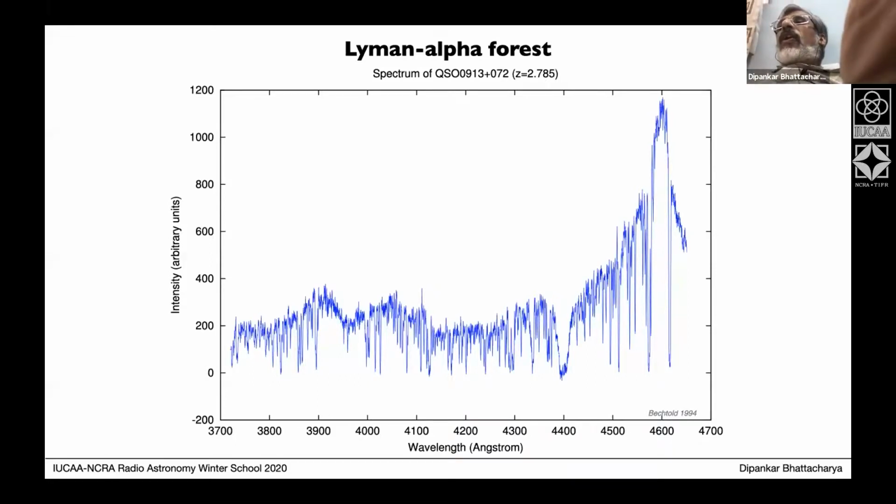So all along the quasar spectrum, you would see these various absorption lines, which are all Lyman alpha absorption, but by clouds sitting at different redshifts. And this gives us a very nice way to determine the distribution of hydrogen all along the line of sight. It's been a very highly researched and highly valued piece of information. This is called the Lyman alpha forest, and it has helped us understand the structures in the intergalactic medium in a very detailed manner.